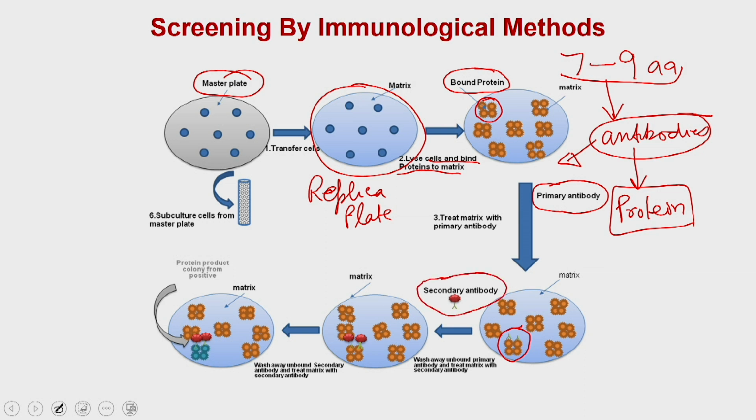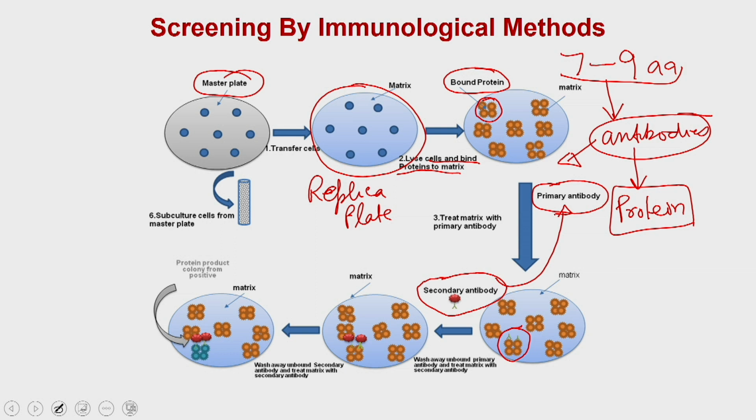The secondary antibodies do not have any affinity for your protein; instead, they have affinity for the primary antibodies, which means the secondary antibodies are going to bind your primary antibodies.